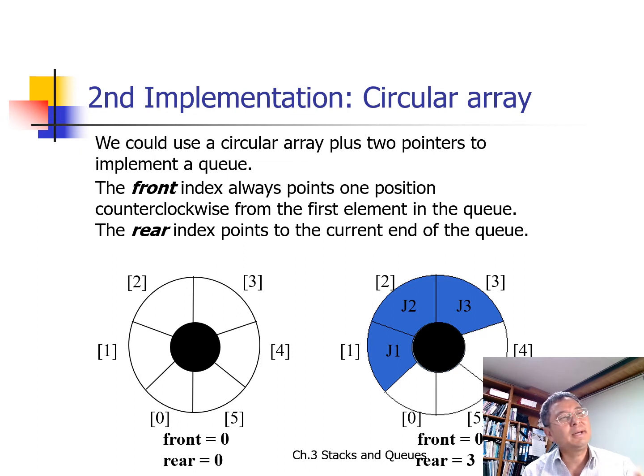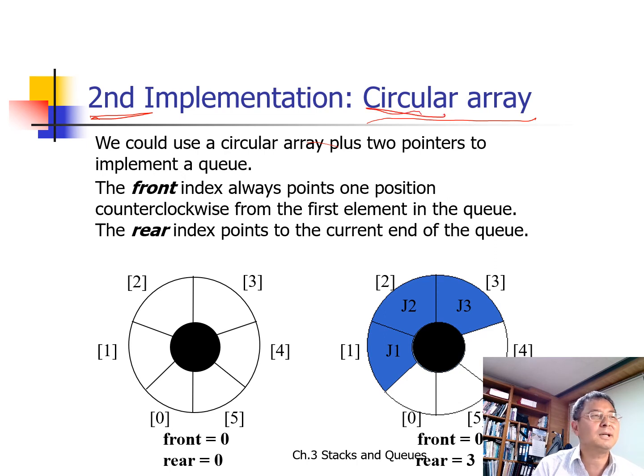So you can think of smarter implementations. This is the second implementation, using a circular array, not a linear array. The first implementation was a linear array. The second implementation uses a circular array.